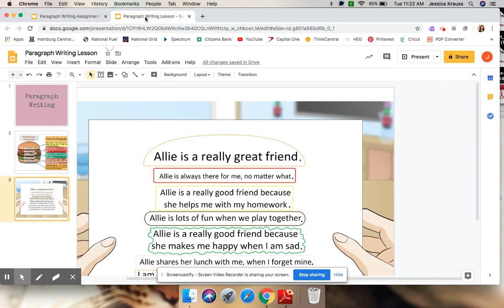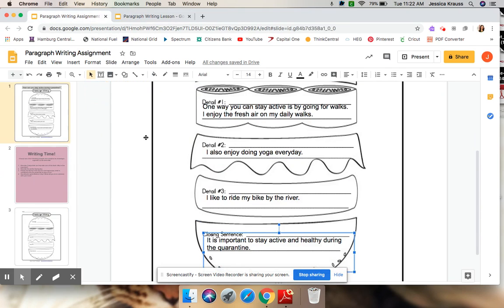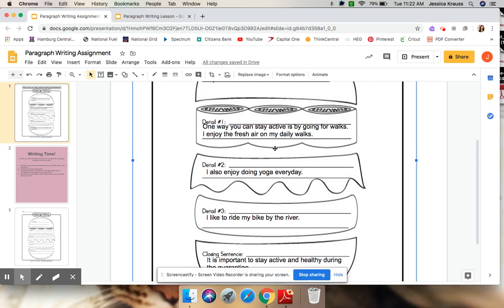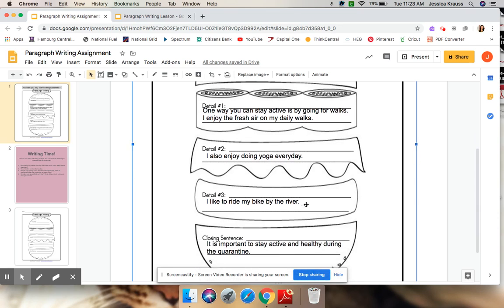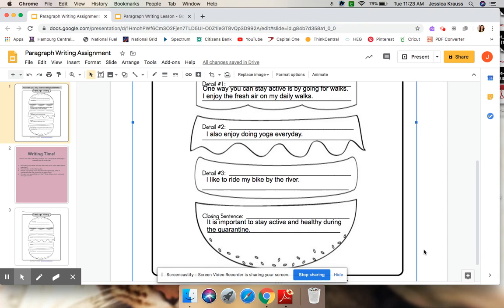Now, if I go back and look at my hamburger topic sentence, 3 details, and a closing, I think I have all of those parts. So now I check for capitals and periods. Do every one of my sentences start with a capital letter and have that end punctuation? I think they do. All right, so now I am all set to press that blue turn in button and have my teacher check my work.